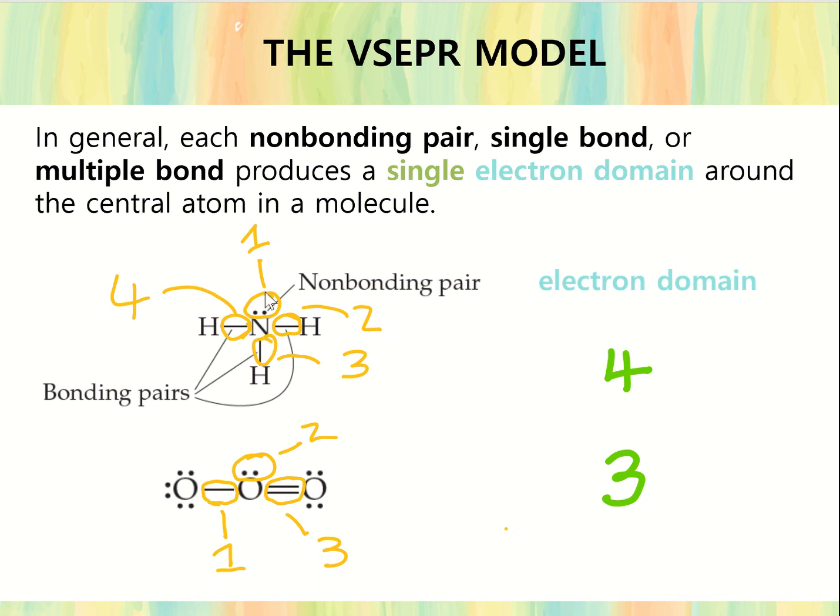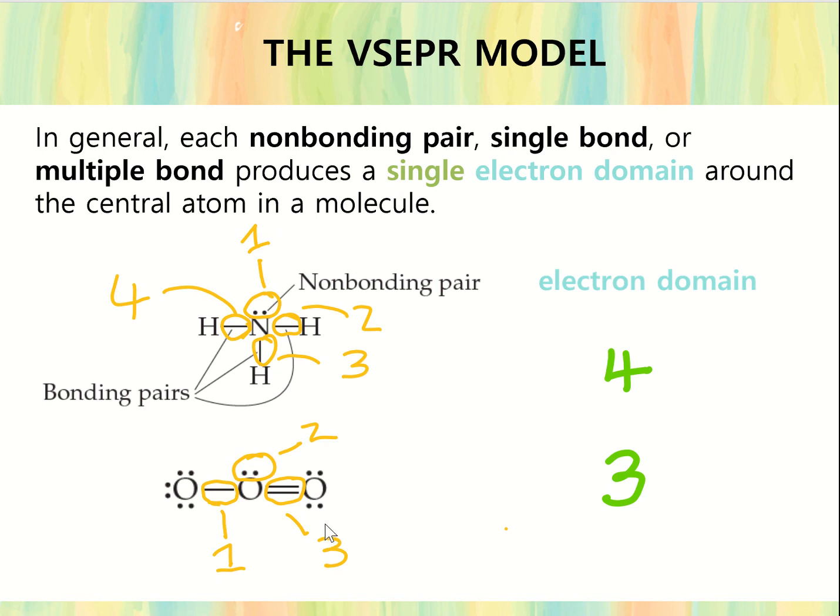And of course, we would have drawn our Lewis structure for the 4 examples that we're going to do, and identified our non-bonding pairs and bonding pairs. And so each non-bonding pair, single bond, and multiple bond produces a single electron domain. So this is 1 electron domain, this is 2, this is 3, and this is 4. So we have 4 electron domains for ammonia.